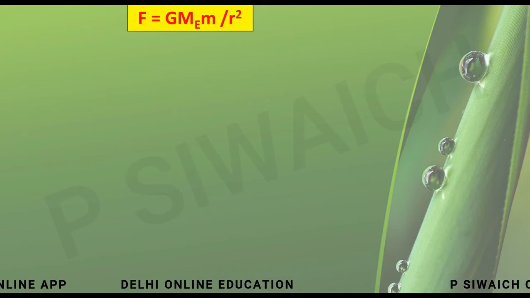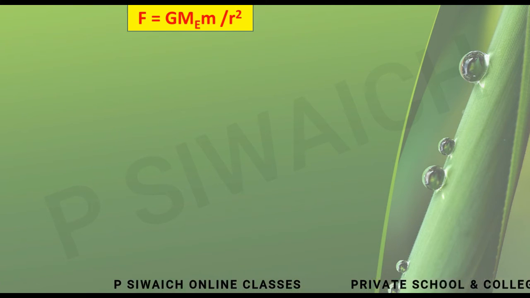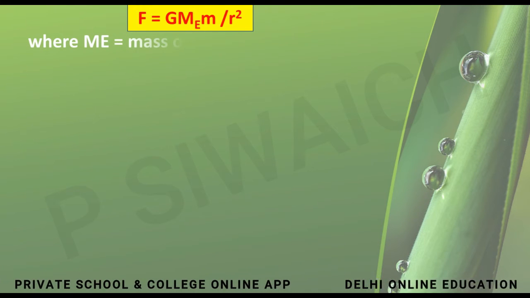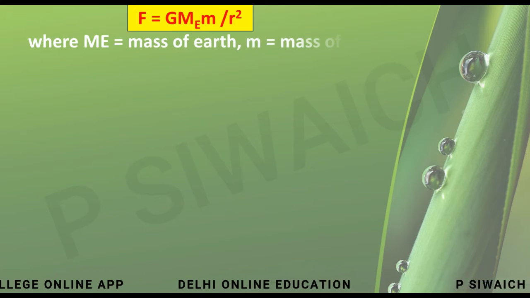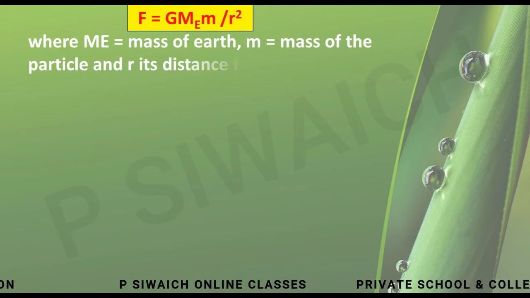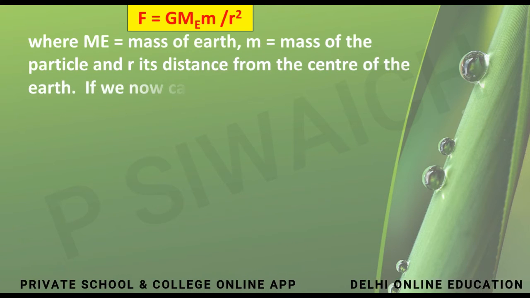F equals G ME m over R squared, where ME is the mass of the earth, m is the mass of the particle, and R is its distance from the center of the earth.